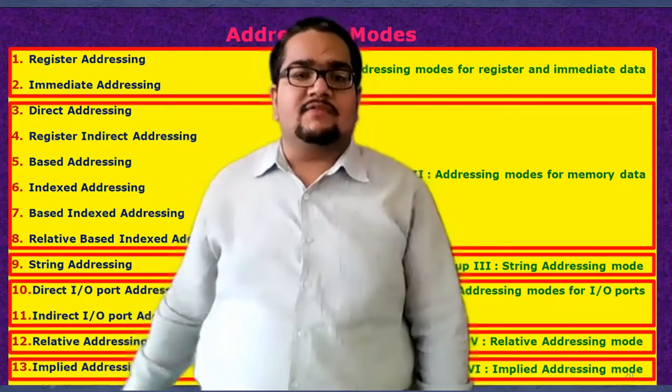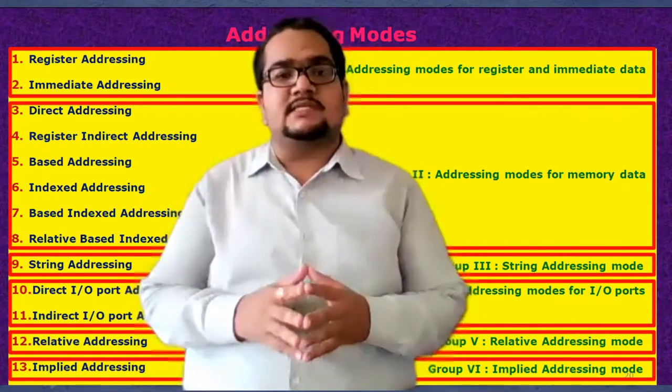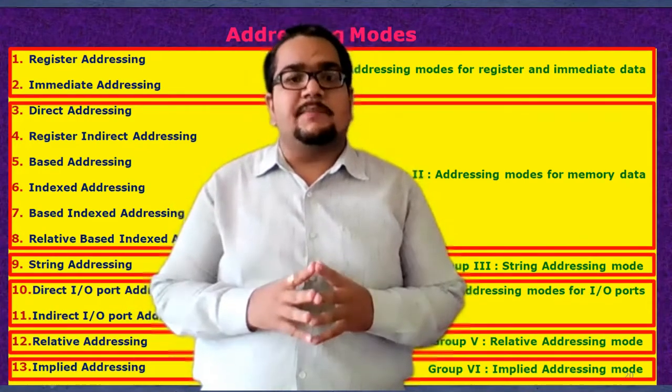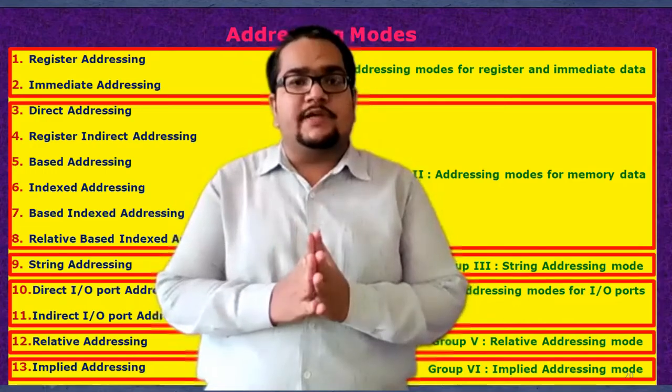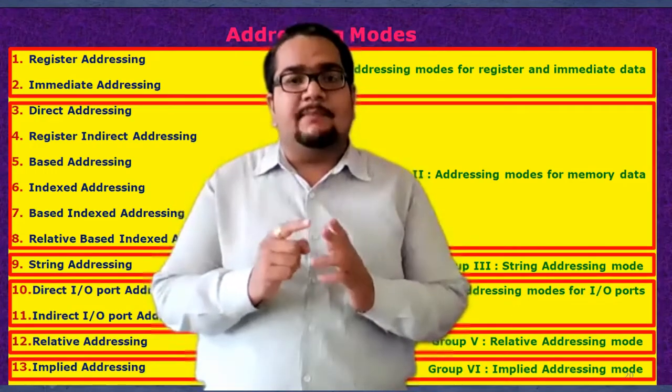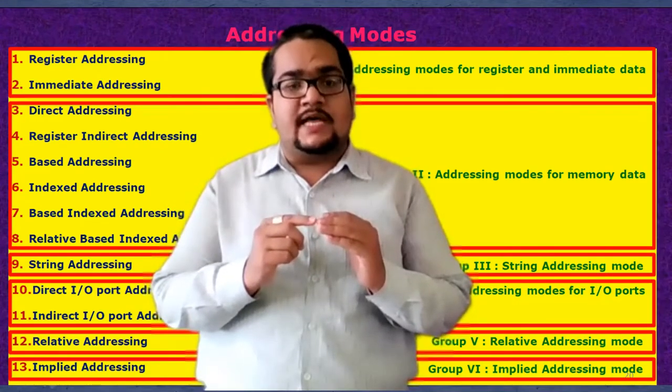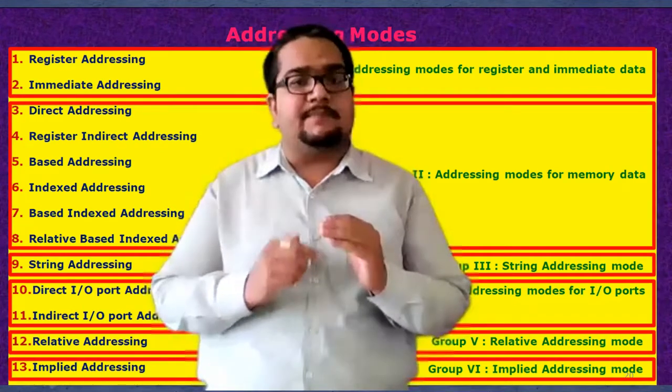Then we have this relative addressing. The relative addressing is used by the conditional jump instructions. The normal flow of execution is from top to bottom. In between, at certain points, on a condition basis, you have to decide whether to execute the next instruction or skip them.